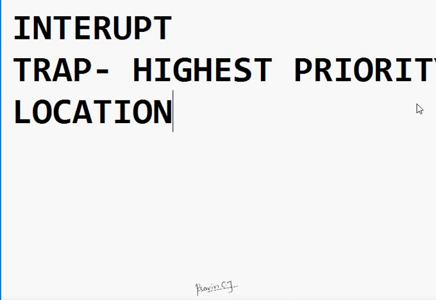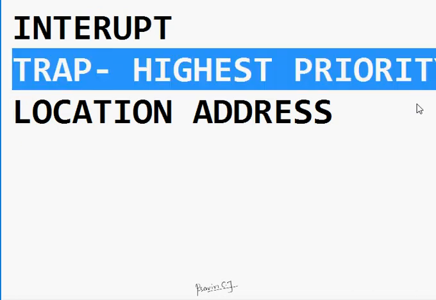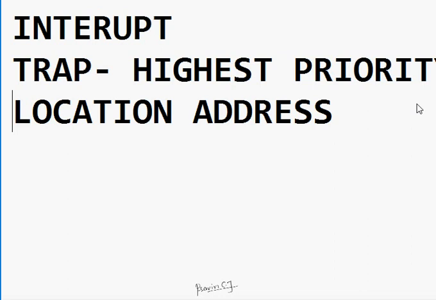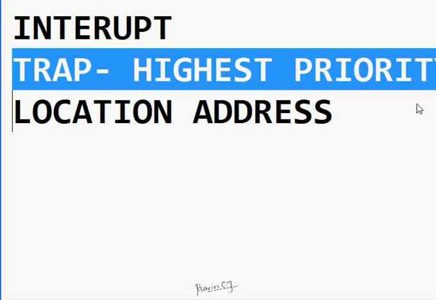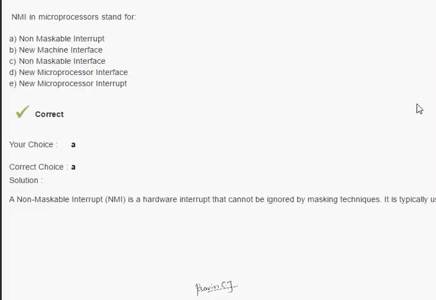What is that interrupt address, the trap location address? If you know, please write in the comment. It may start with 24, so write in the comment. The location address of the trap is the address of the trap instruction or interrupt. The trap has the highest priority, so that is what I wanted to tell you here regarding the interrupt, along with the non-maskable interrupt.